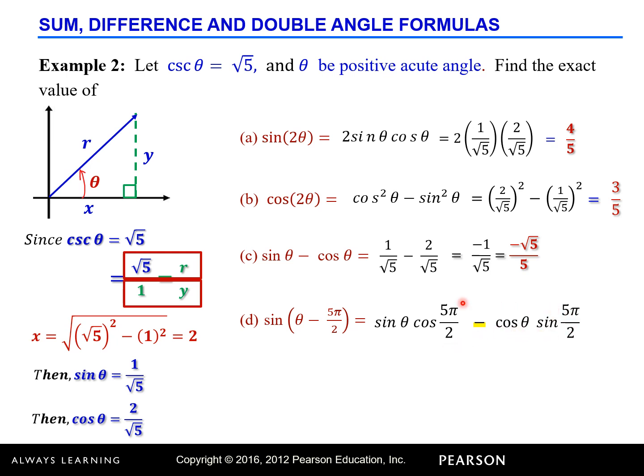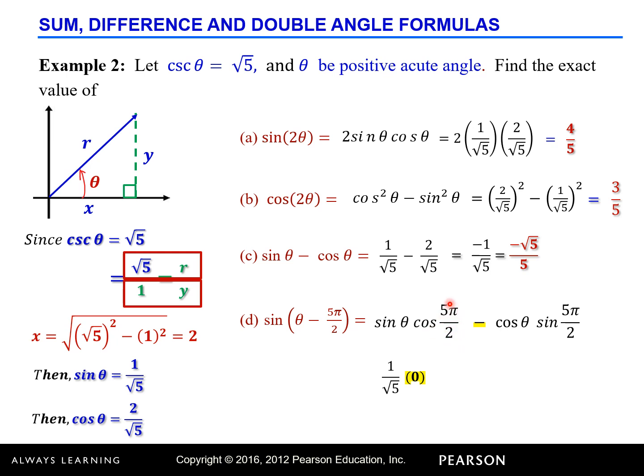So let us check the identity or the formula: theta and 5 pi over 2, theta, then 5 pi over 2. Since the function is sine, we have sine, cos, cos, sine, same sign. So if this is minus, then this is minus. Then just substitute all the values here. We will get 1 over square root of 5 for the sine theta.